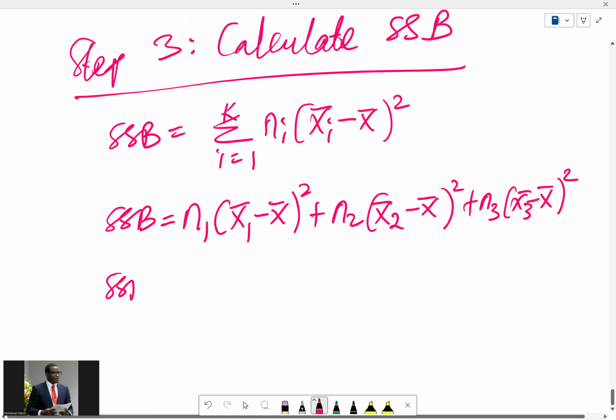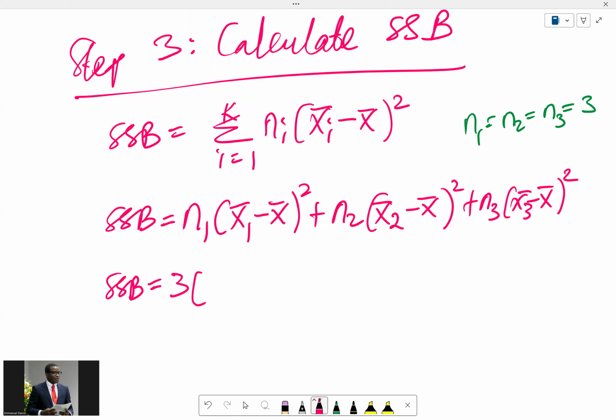So SSB is equal to 3 into... each group, N1, N2, N3, we already know that N1 is equal to N2 is equal to N3, and that's 3. It doesn't always have to be like that, so be watchful. So you have 3 into X1 bar minus X bar.